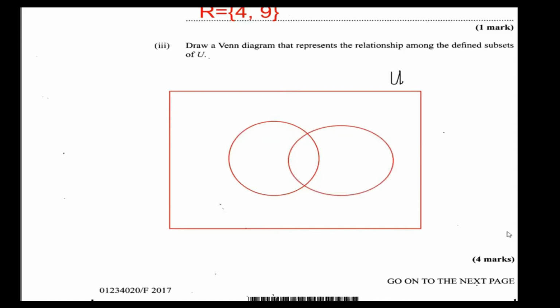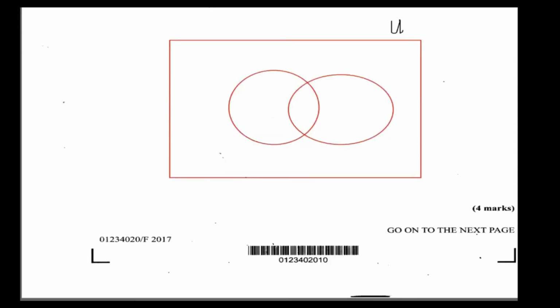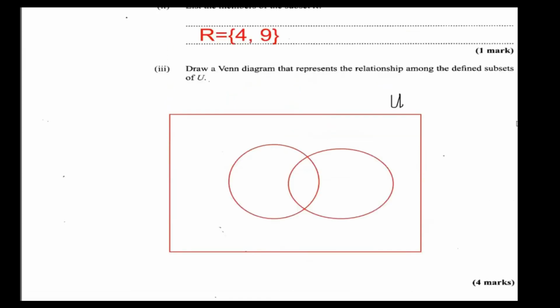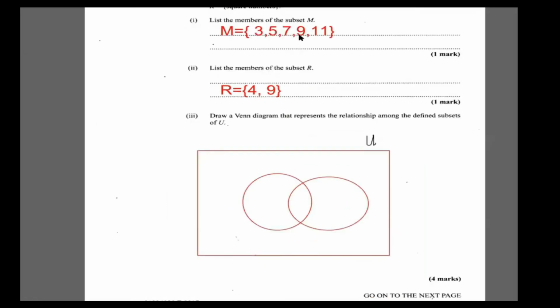Let's scroll up and look back at the question. M is 3, 5, 7, 9, and 11. So let's label M and R. The common intersection between M and R is just 9.